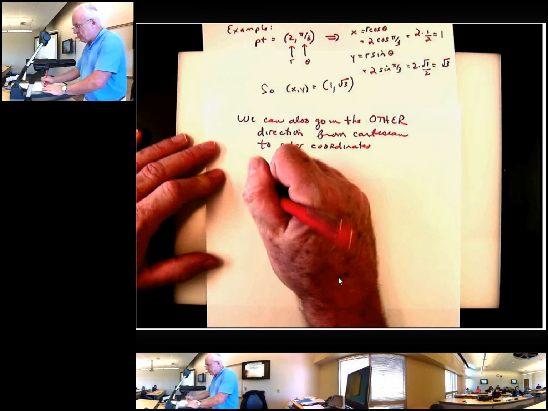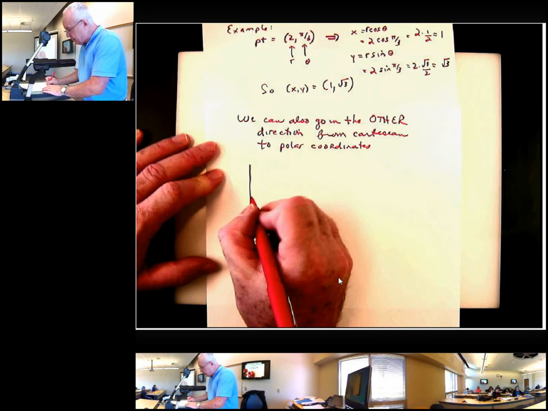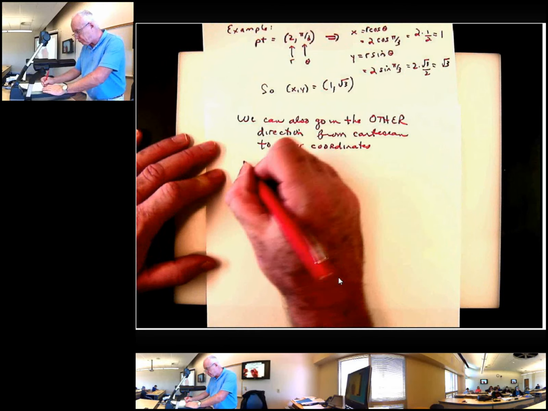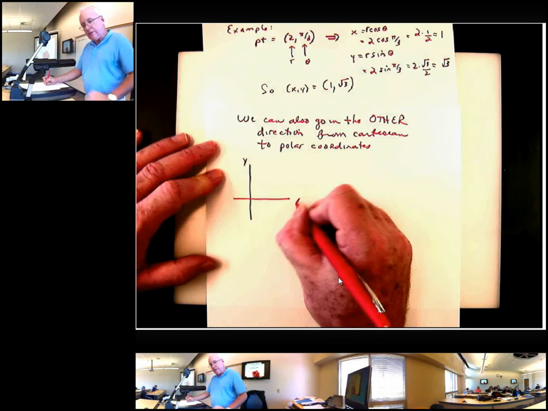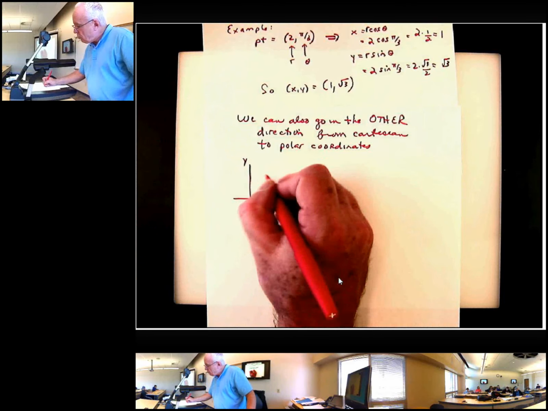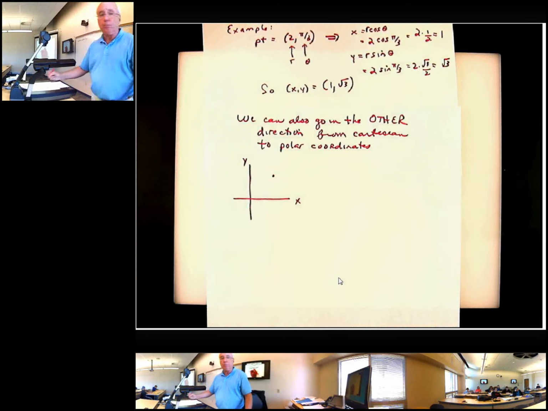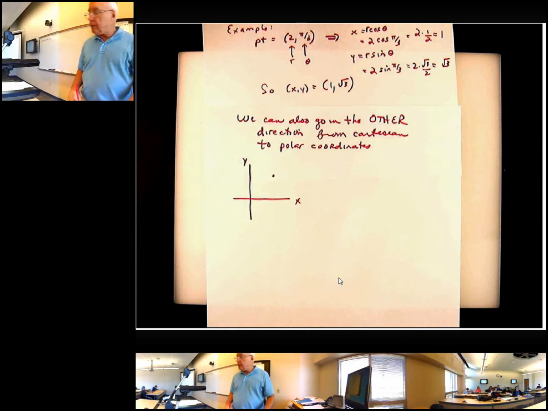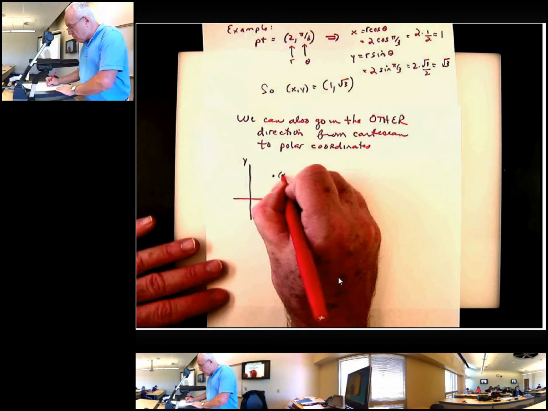All right. Let's draw another little picture here again. Here's our y and our x. And so now we're going from Cartesian to polar. So let me draw a point there, and we'll call this just x comma y.